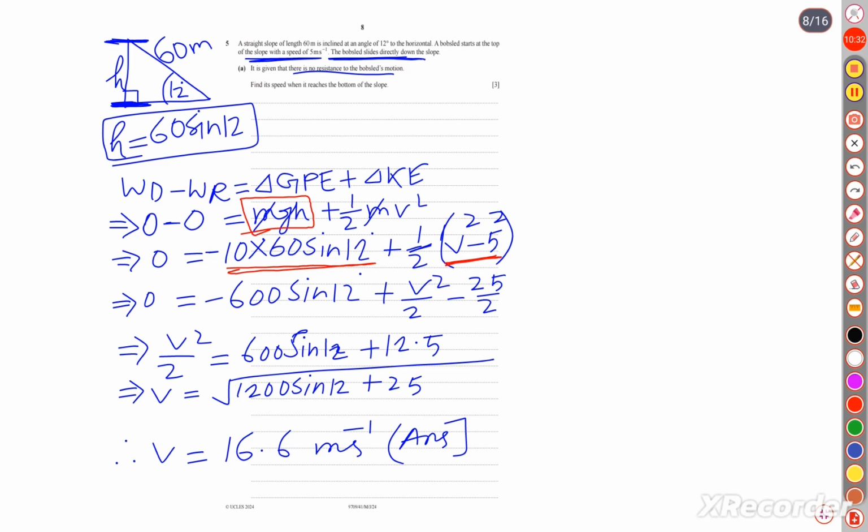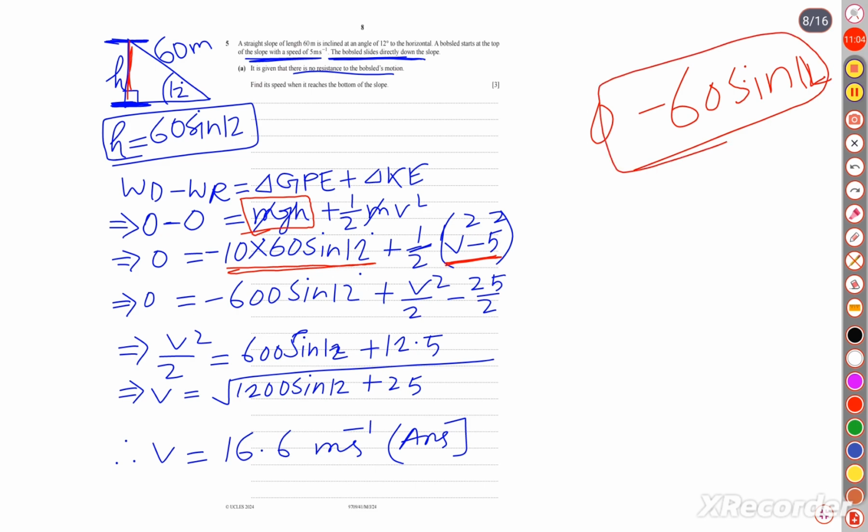So if we talk about height, final height was 0, initial height was 60 sine 12 degree, this is our h. That's why we have used the negative symbol for writing h, and g, acceleration due to gravity, is 10.